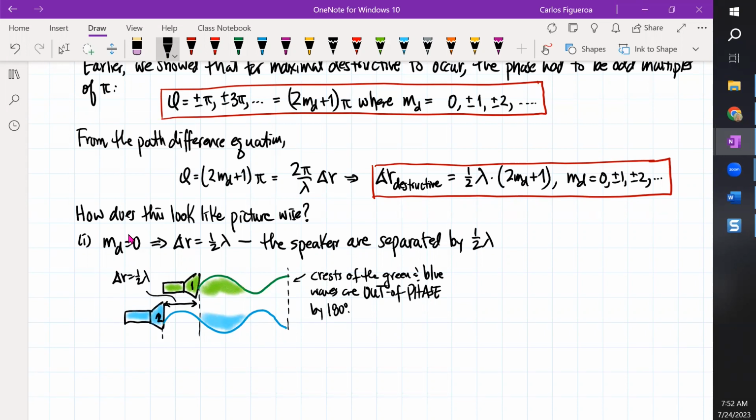So what does the phase tell me? The phase factor must be 2 pi over lambda times delta r, but in this case, delta r is 1/2 a wave. So when I plug that in, I get a value of pi. In other words, delta r equal to 1/2 lambda is the same as saying that the phase is equal to pi.